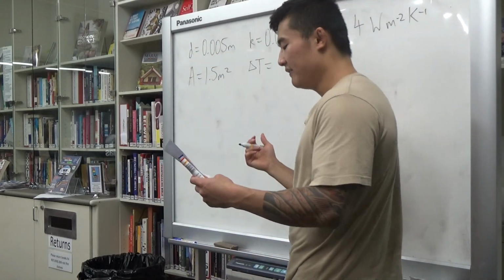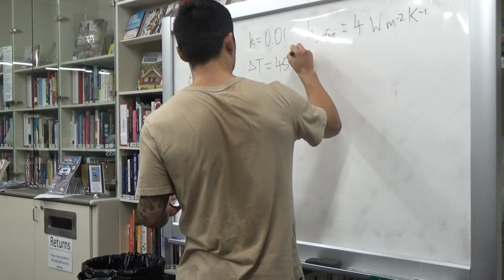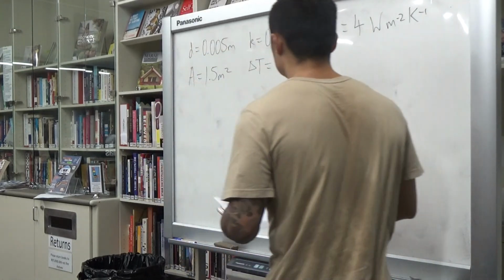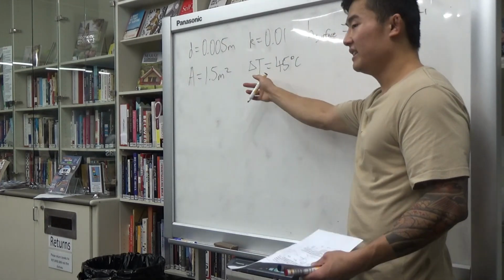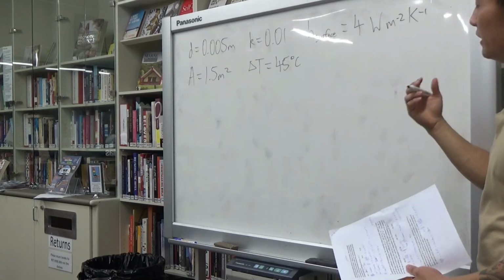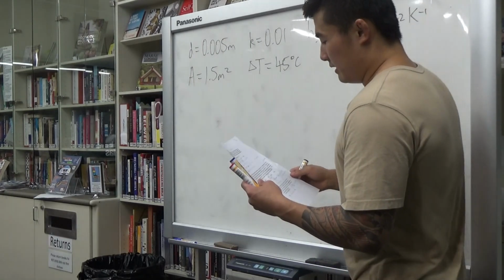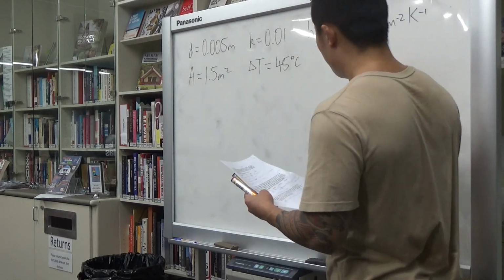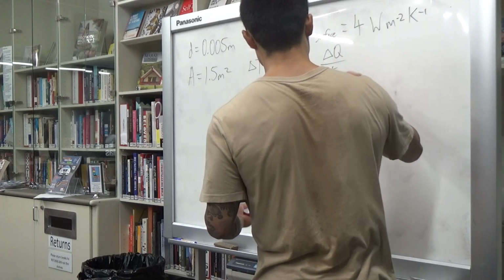So that'd be 45 degrees. So we have a temperature difference of 45 degrees Celsius. And remember that if we're talking about delta T, we don't need to convert it into Kelvin, right? And we're after the rate of heat transfer, which is delta Q over T.